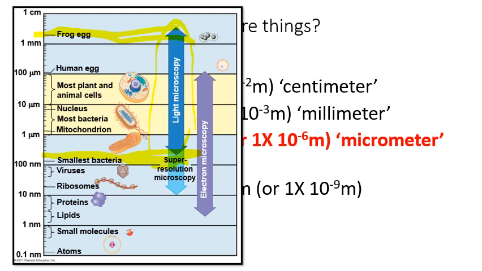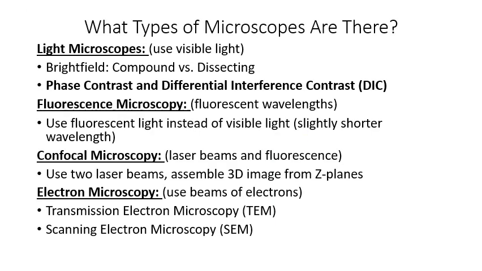It's called bright field because when you look at the specimen, you're actually looking down into the light bulb that's attached to the microscope. If you want to see things on the nanometer scale, you would have to use a more powerful, more expensive type of microscope called an electron microscope.